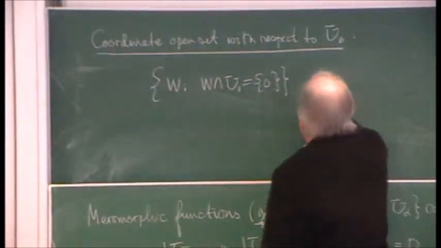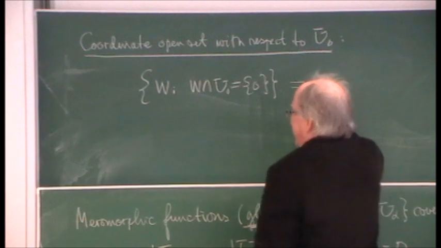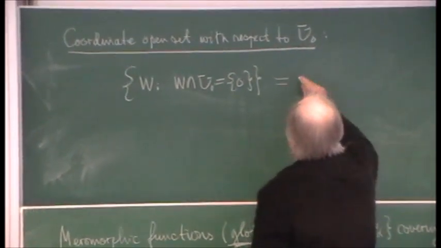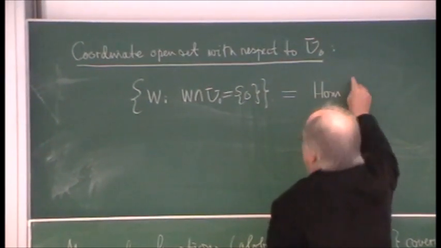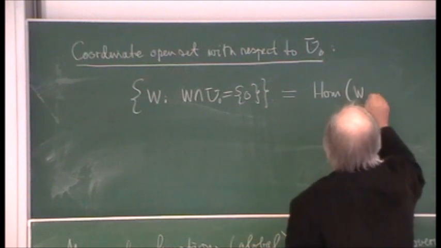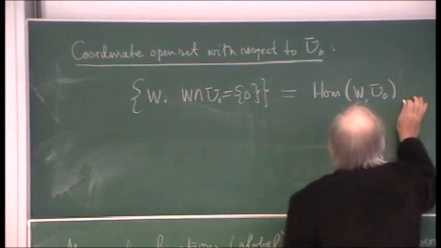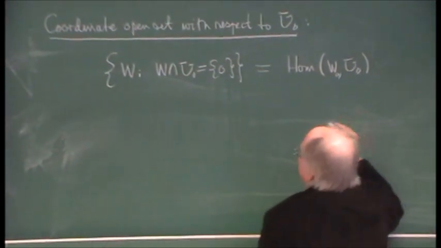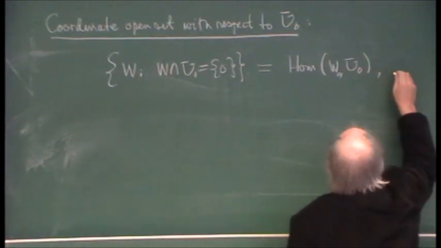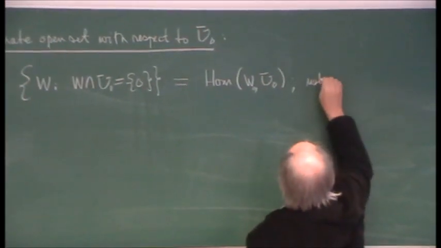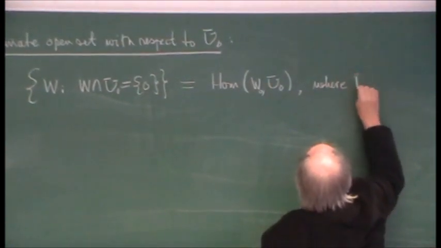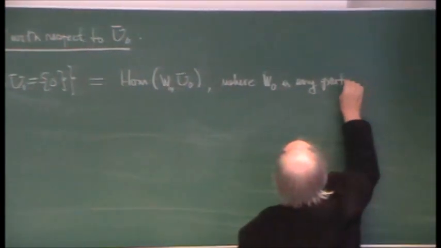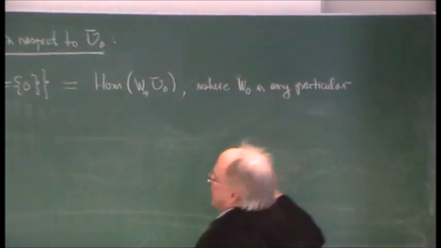So what is this? This is naturally isomorphic to something like Hom of W0 to U0, where W0 is some special complementary space, any particular complementary space.